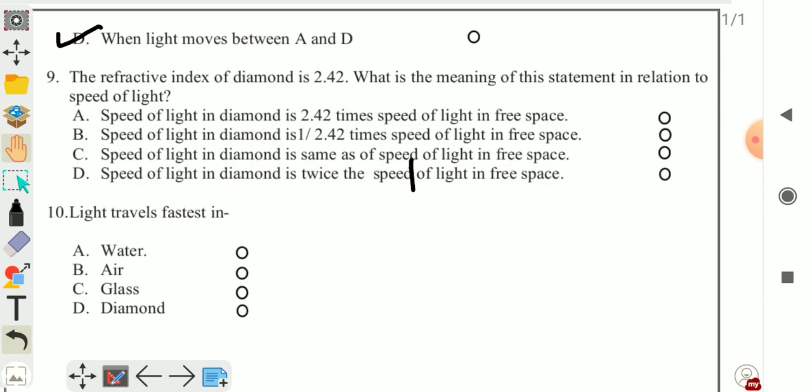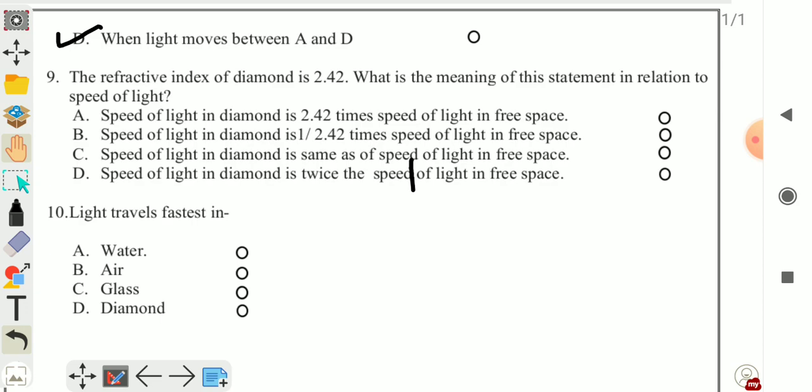B. Speed of light in diamond is 1 upon 2.42 times the speed of light in free space. C. Speed of light in diamond is the same as the speed of light in free space, and D. Speed of light in diamond is twice the speed of light in free space.